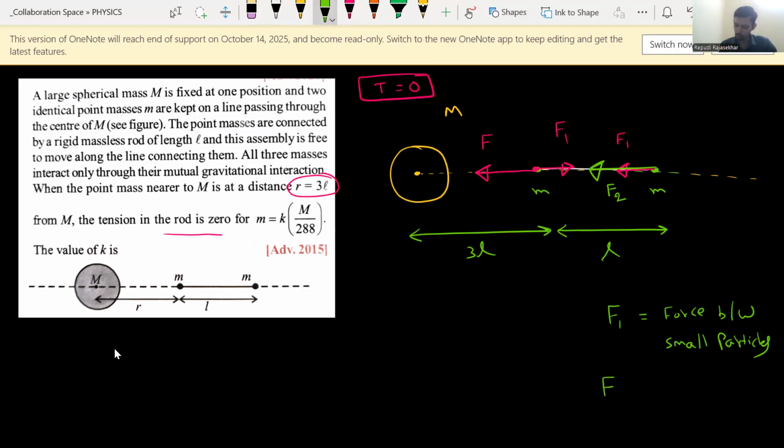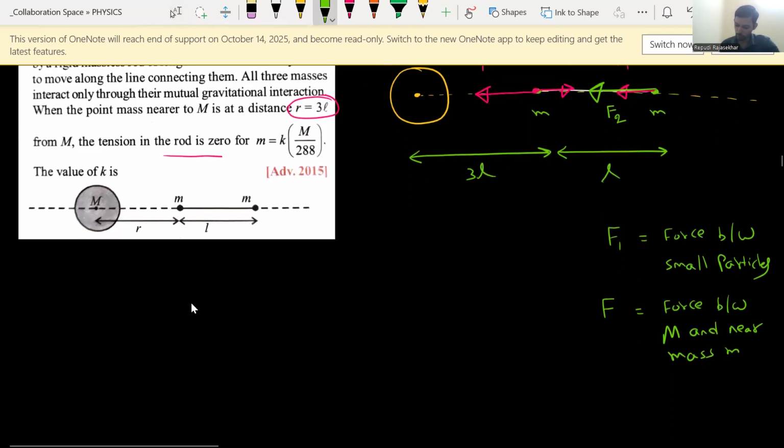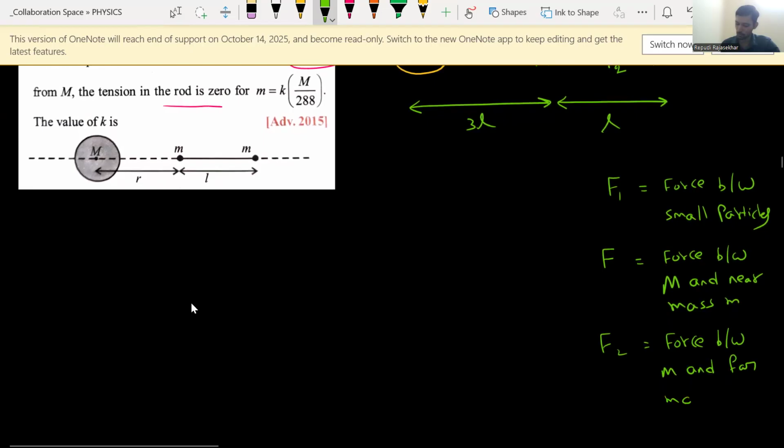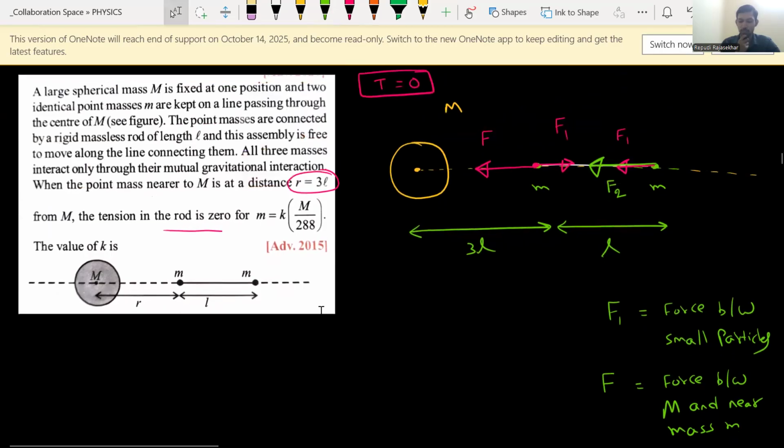Next, capital F. Capital F is the force between capital M and the near mass, that is small m. Next, F2. F2 means the force between capital M and the far mass, small m. Hope it is clear to you now. Okay, these are the terms we represented.